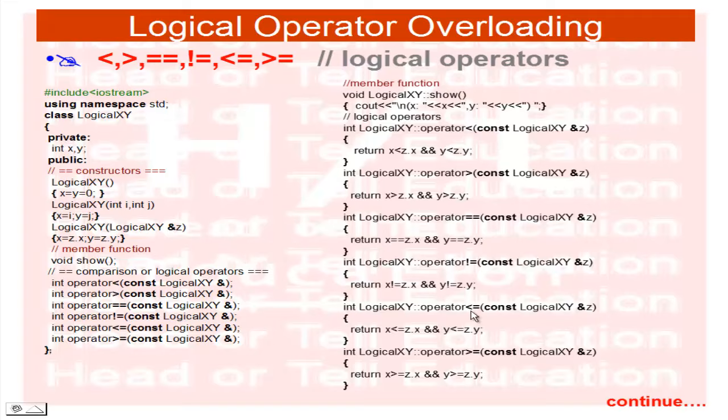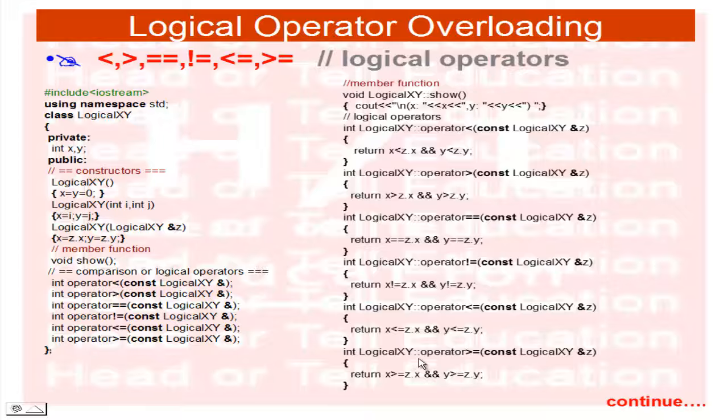Next, the operator less than equal to: return x is less than z dot x and y is less than z dot y. If true then return true, otherwise false.